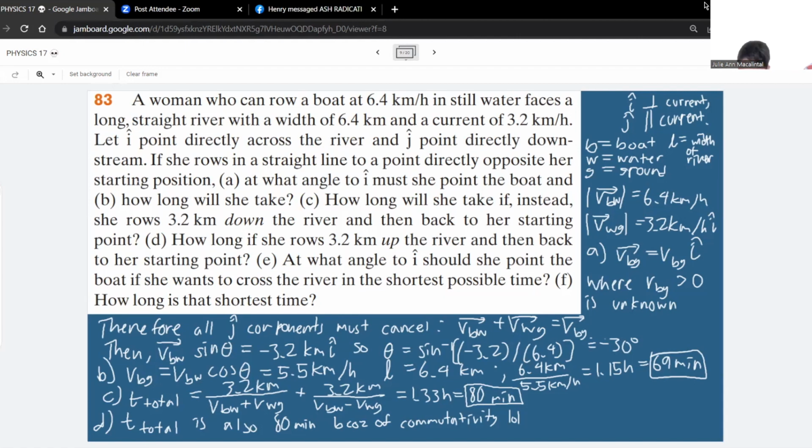Downwards? Negative 30 degrees, because the water is going in the negative J direction. Right? Yes. So you have to row upstream, there must be an upstream component, to stay horizontal, to stay eastward.